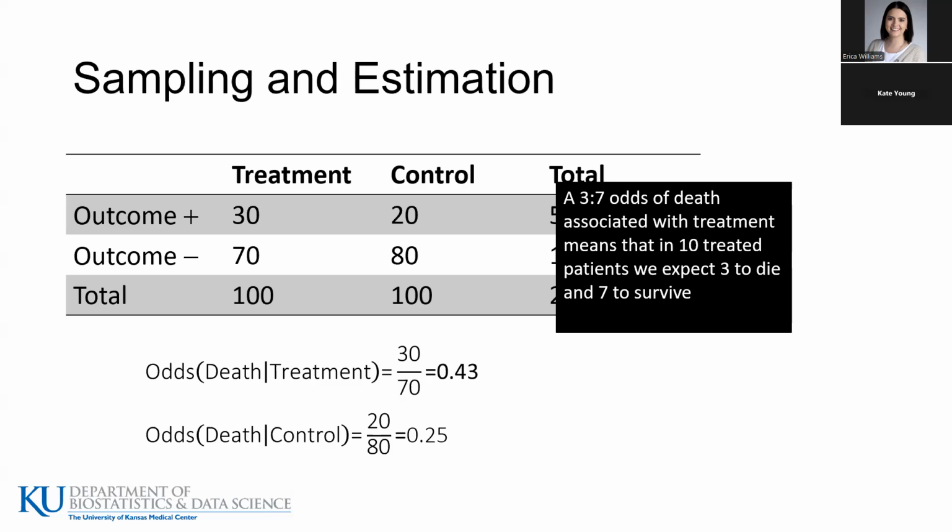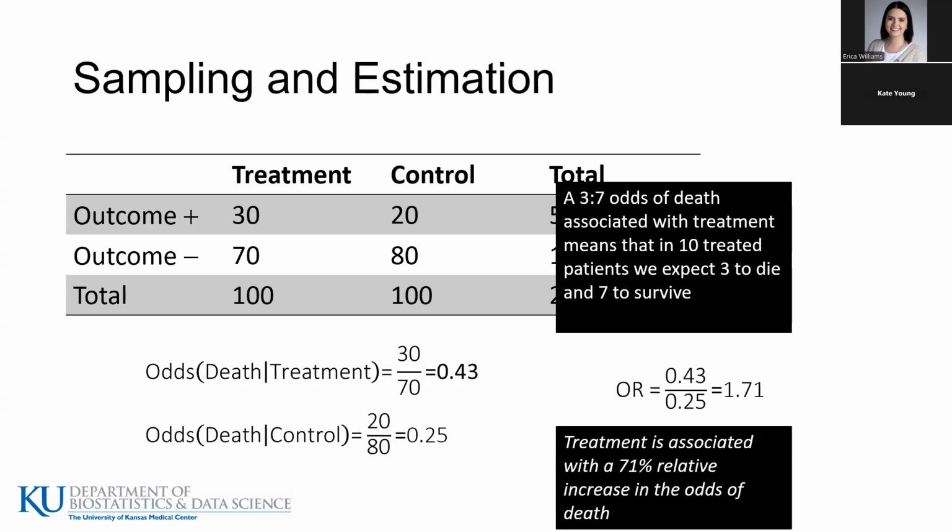A 3 to 7 odds of death associated with the treatment means that if we treated 10 patients, we would expect 3 to die and 7 to survive. That would give an odds ratio of 1.71, meaning that the treatment is associated with a 71% relative increase in the odds of death.